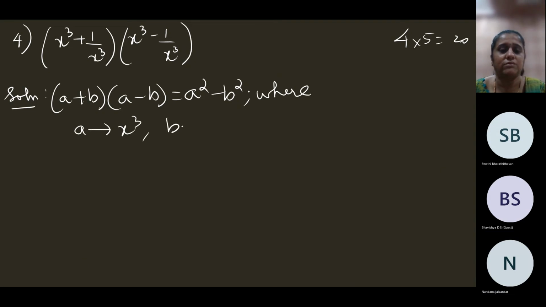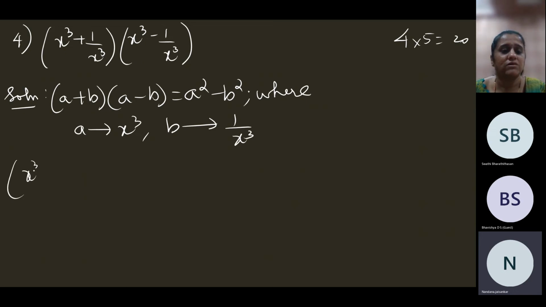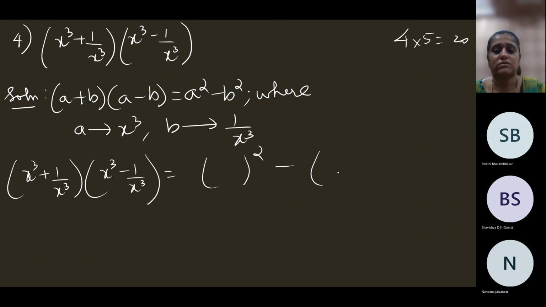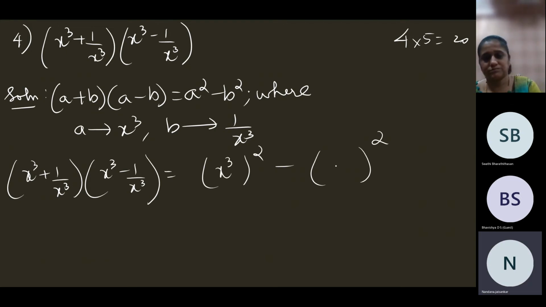So we need to substitute in A square minus B square, so we get x cube whole square, minus 1 by x cube whole square. We get x power 6 minus 1 by x power 6.